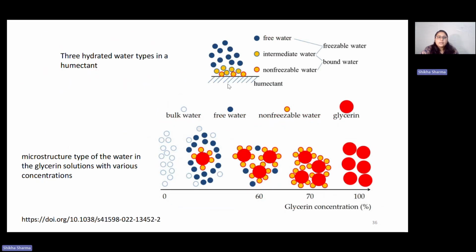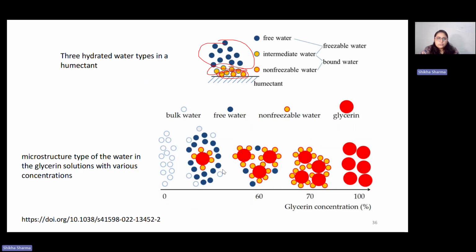So in the humectant, three hydrated waters can be present. Closely related to the humectant is the non-freezable water, which is bound water, and then intermediate water can also be there, in the bound or freezable form, and the free water, which is freezable water.